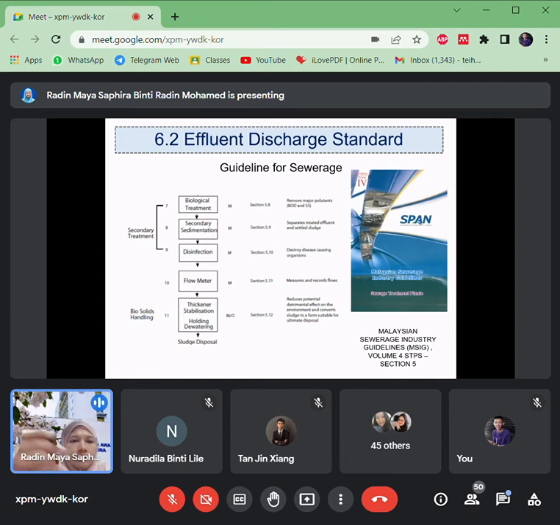And then the most important thing is the biological treatment. In this case, we actually rely on the microorganisms to do the process. Basically bacteria is a negative thing, right? But in this case they are actually our labor, pekerja. They will degrade the organic matter, kita punya tahi.